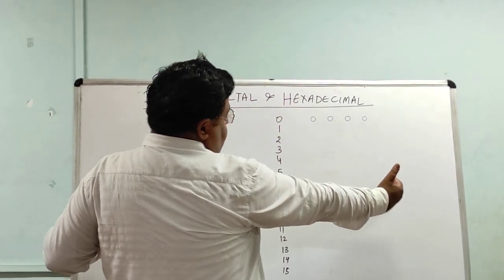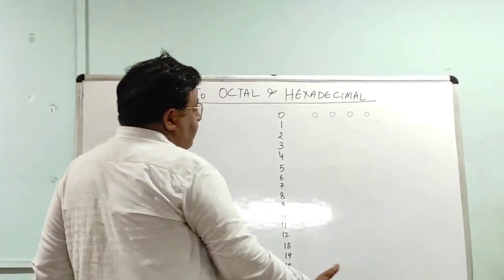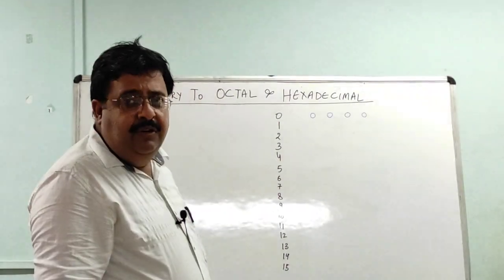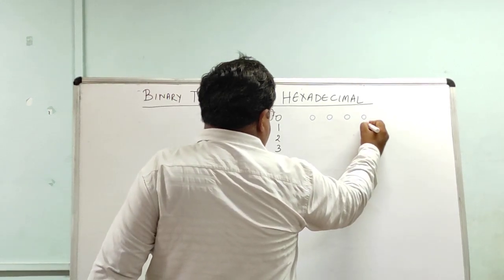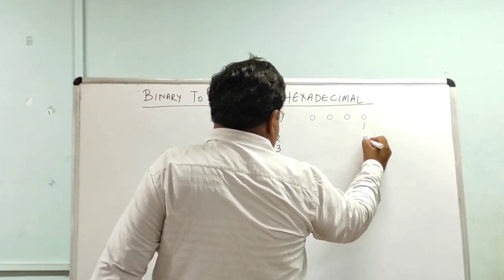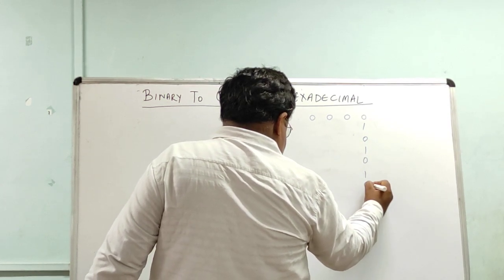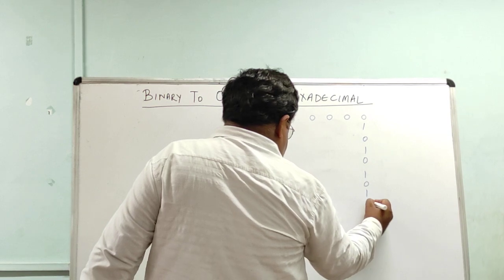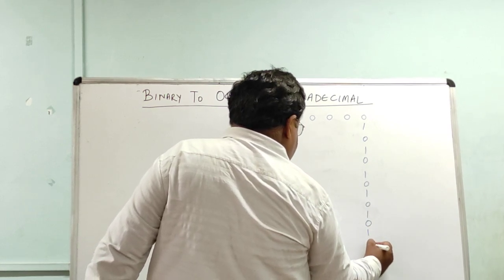Now, starting from the right hand side, alternatively I will write 0 and 1. So, already first number 0 is written, the next one will be 1, next 0, next 1, next 0, next 1, 0, 1, 0, 1, 0, 1.